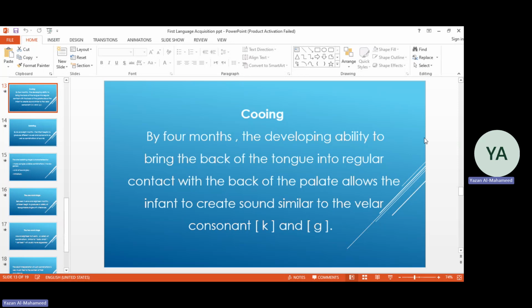This is because the process of first language acquisition and second language acquisition goes in parallel, meaning that children who acquire their first language, and adults who acquire their second language, normally go through a series of predictable stages.